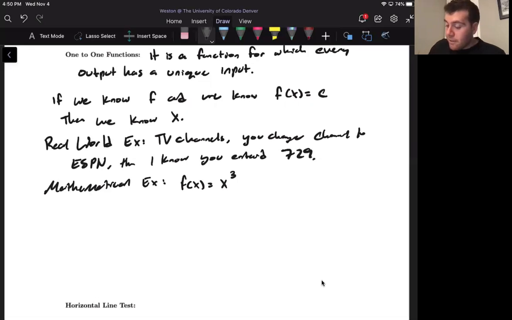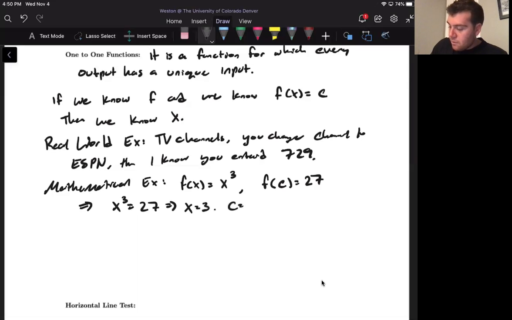Now, if someone was playing with the function and found that for a number c they plugged in, they got out 27, because f of x is one-to-one, you can say exactly what c is. We can just solve x cubed equals 27, which implies that x equals 3, so c equals 3. And there we have it.